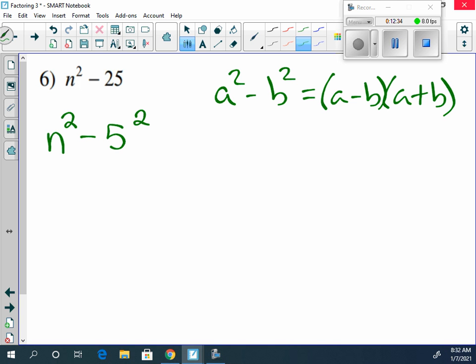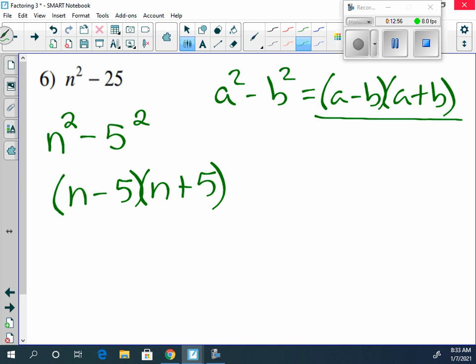Well, a in our case here is n, and b is what? 5, yes? So if we factored this, following this pattern, a minus b times a plus b, well, a is n and b is 5. This would be n minus 5 times n plus 5. That's it.